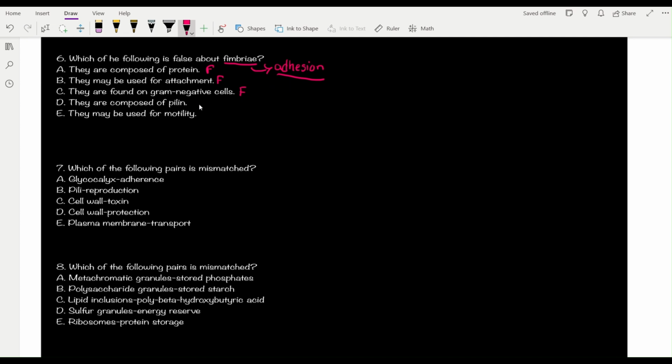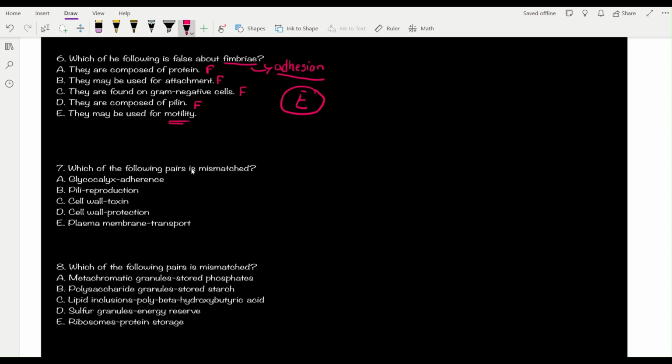It's used for adhesion. So we know that they are composed of pilin. So the answer: they are not used for motility. That is the correct answer. They are not used for motility. They are used for adhesion.